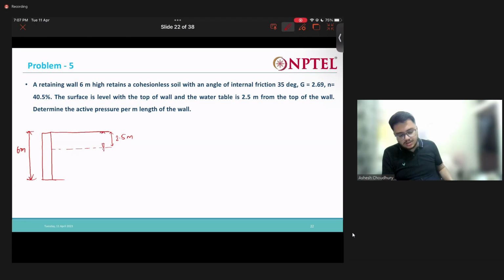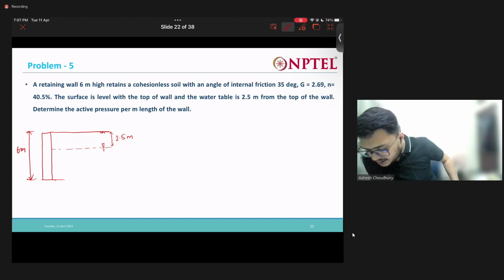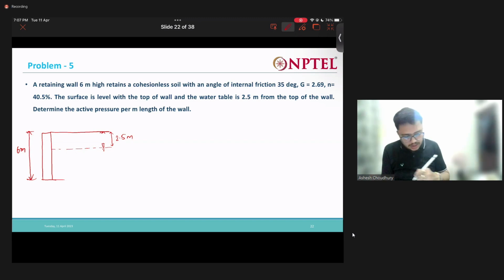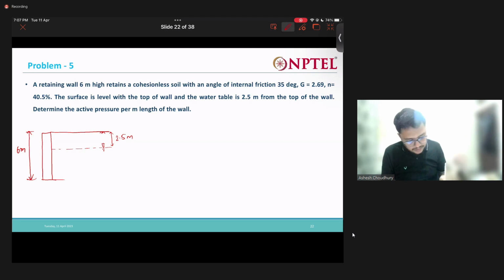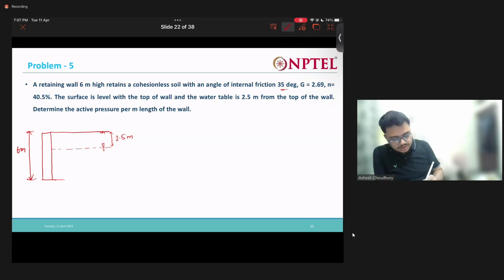So this is the scenario. We need to determine the active earth pressure. The figure is actually not given, so I will give it here. Everything is given in the question. So this is 2.5 meter. It's told that the water table is 2.5 meter below the top.